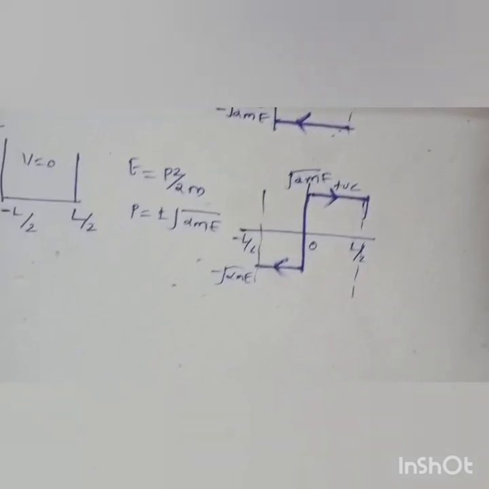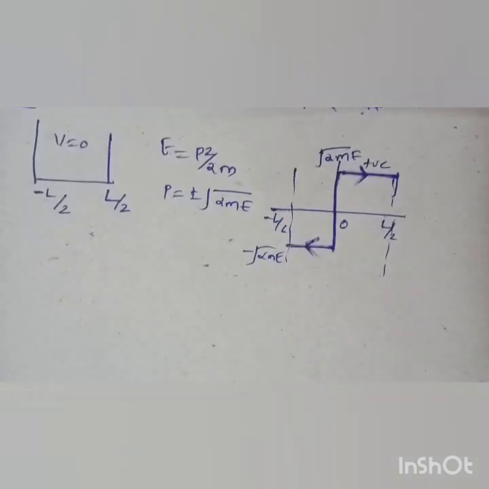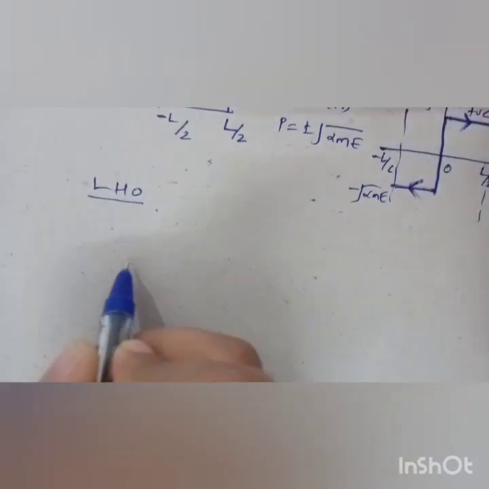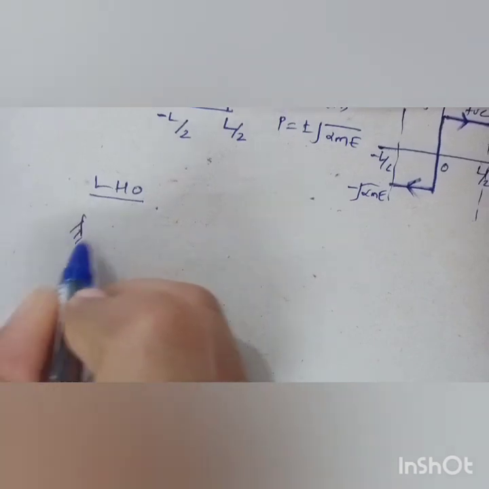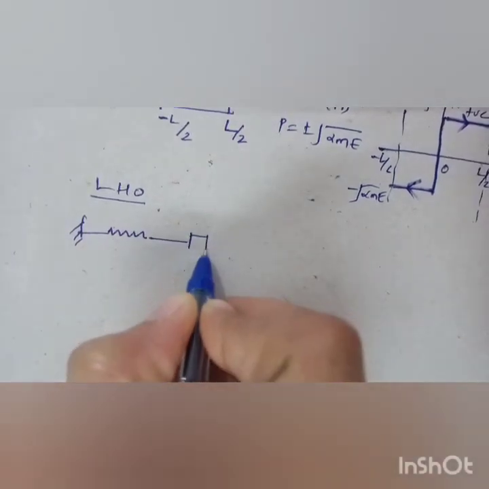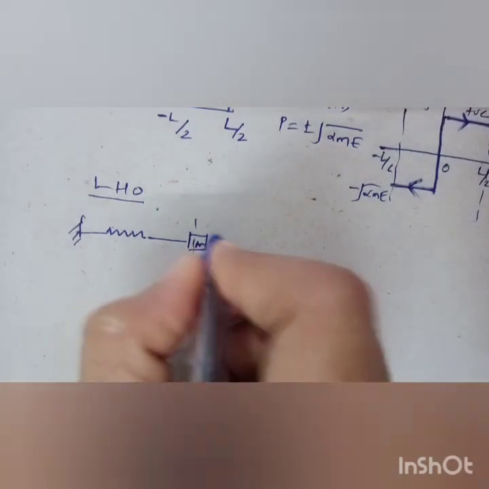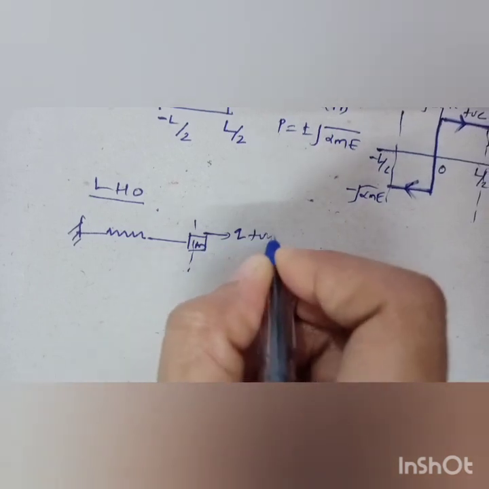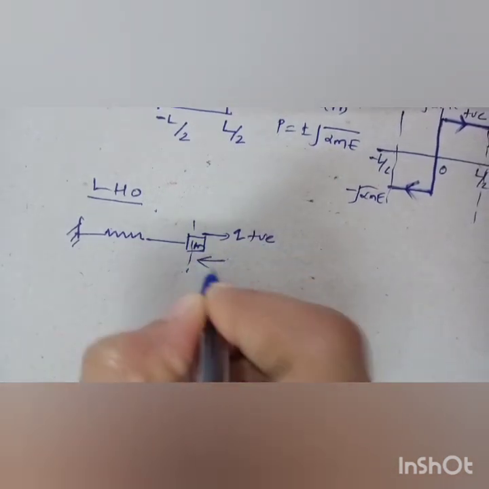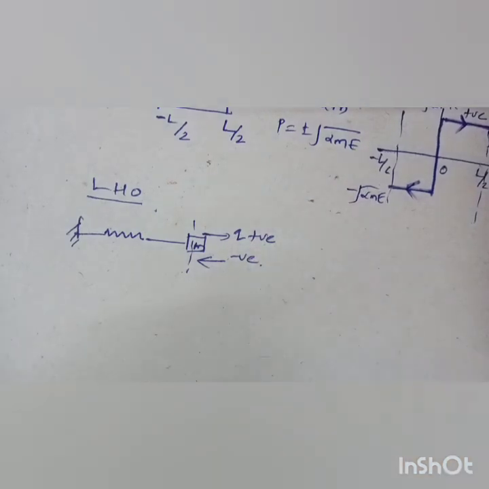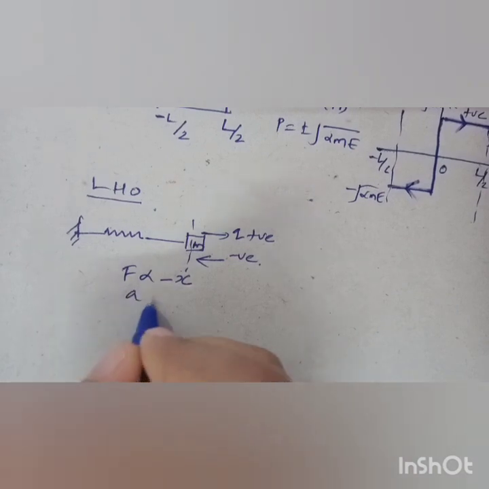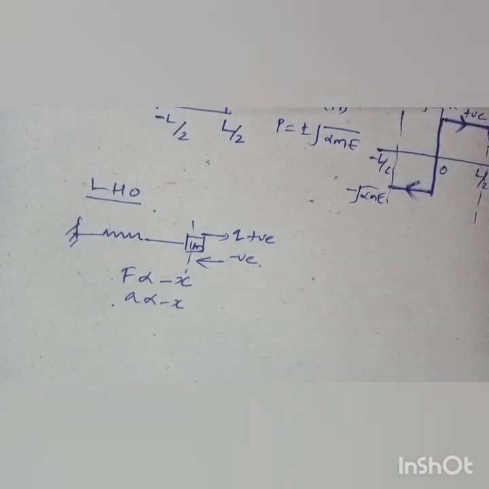Next, we have to find the phase space diagram of a linear harmonic oscillator. We have a mass with position q, where q is positive on one side and momentum is negative here. The force is directly proportional to minus x, and since force is equal to ma, the acceleration is directly proportional to minus x.